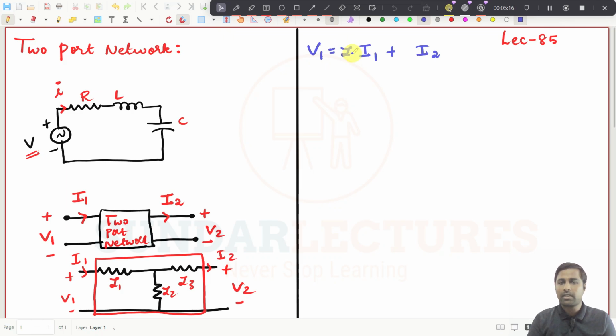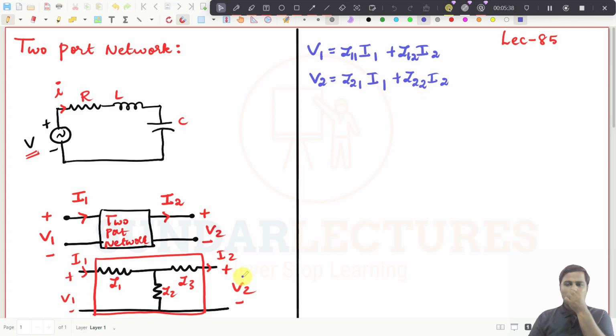It can be Z11 and Z12. And V2 can also be related to I1 as well as I2, and this can be related through Z21 and Z22.